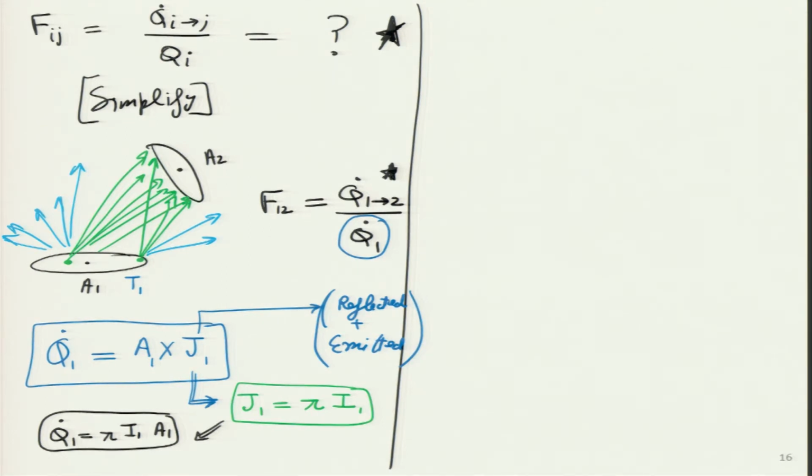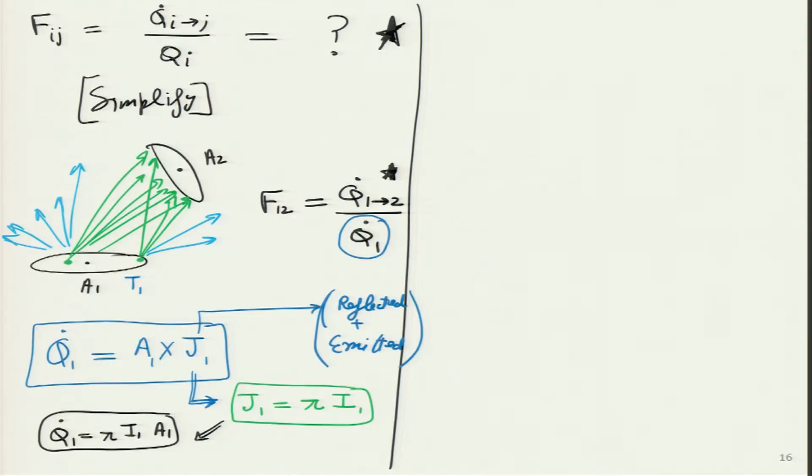So, q dot 1 is essentially the sum of all these blue and green arrows; that is my denominator. The green part and the blue part together, that whole thing is my denominator, and the numerator is the green part, whatever is leaving surface 1 and hitting surface 2.